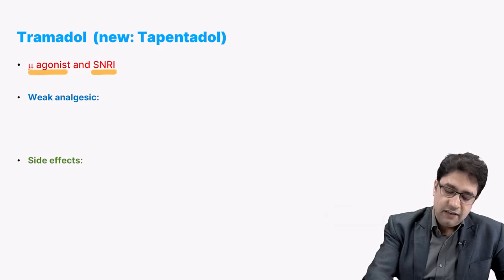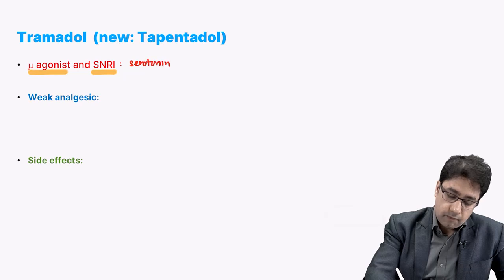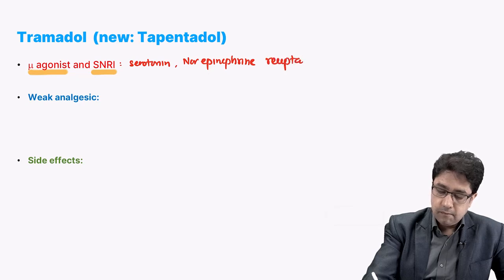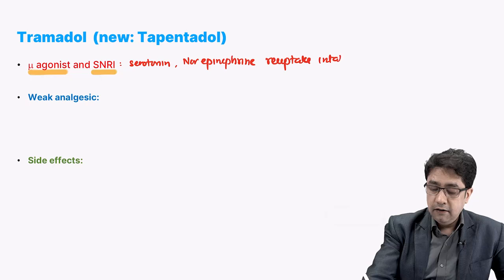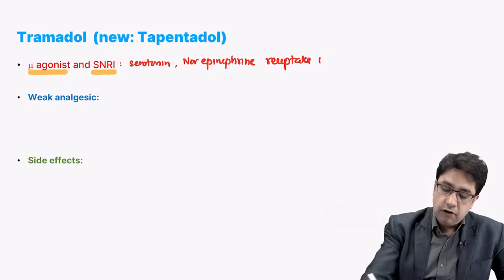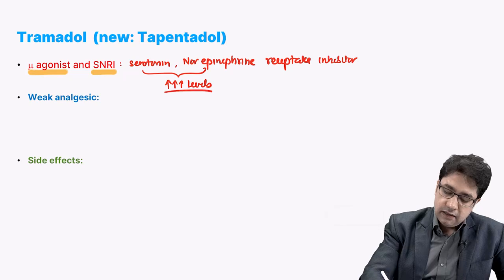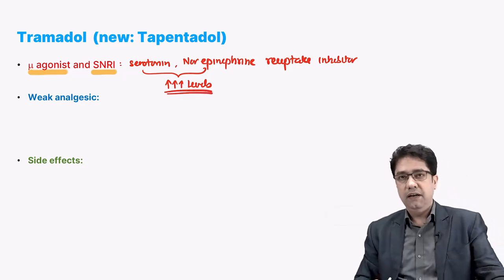SNRI stands for serotonin norepinephrine reuptake inhibitor. So if serotonin and norepinephrine are not removed by reuptake, can we say the levels of serotonin and norepinephrine are increased in the brain? So it increases the level of serotonin and norepinephrine.